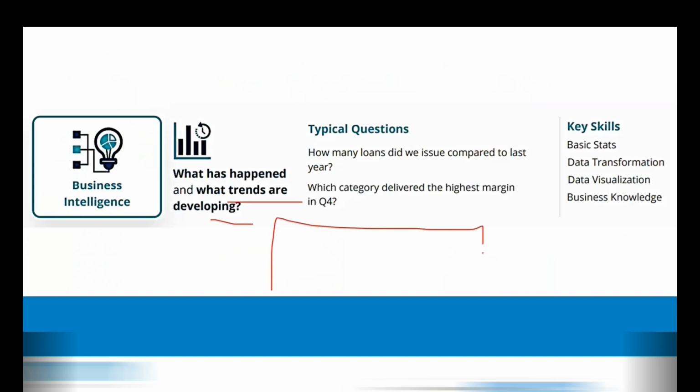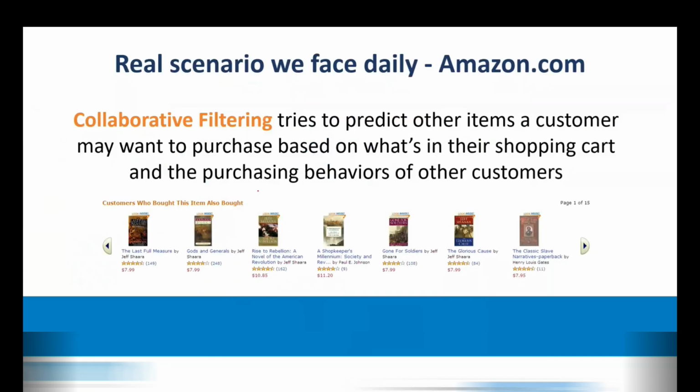In Power BI, we will be designing based on the existing data. Whatever you design and give as a solution to your business, we call it business intelligence. Got it? What has happened, what trends are developing, and how you can improve your business in a better way. That is what we are going to do.